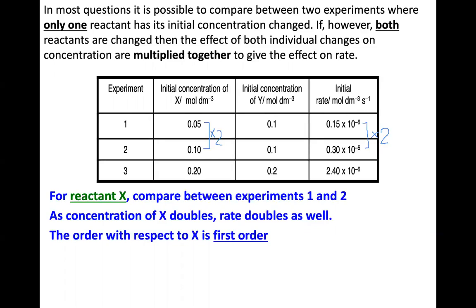Most of you managed to answer first order, but you need to have some sort of explanation. Why have you come to a conclusion that it is first order with respect to X? Just look at the change of the concentration and the rate. So please copy this down, and please make sure also that you write down this factor of times 2, times 2, so you know how you have determined the effect.